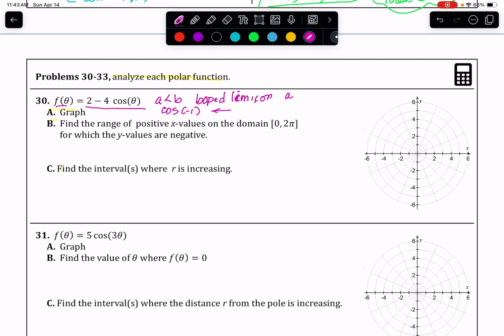We have A plus B is negative 2, so that's where the loop will be, and A minus B is equal to 6, so that's the maximum distance from the pole, and we know that A is 2, so those will be our widths.